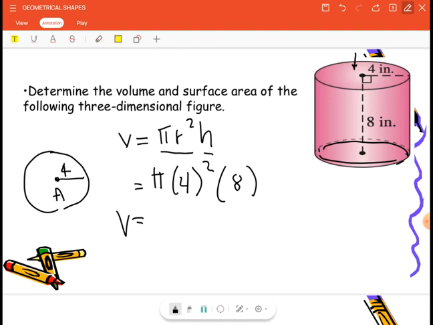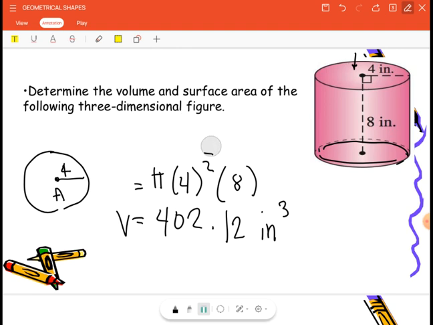That is equals to 402.12 cubic inch. Okay? And for the surface area naman, hanapin natin yung surface area niya.